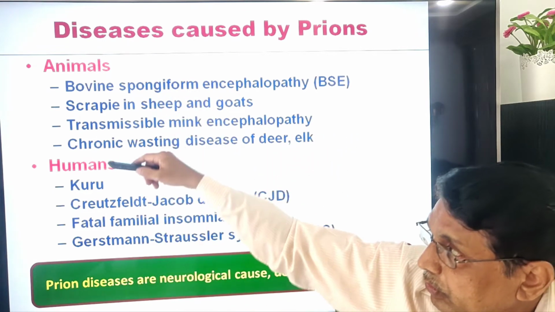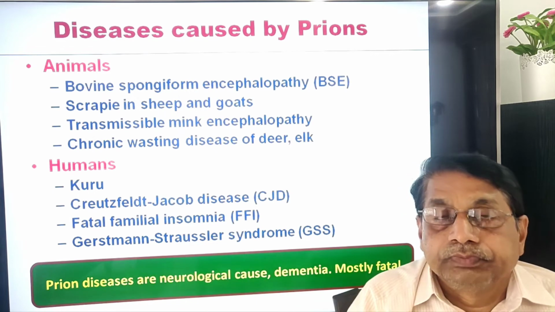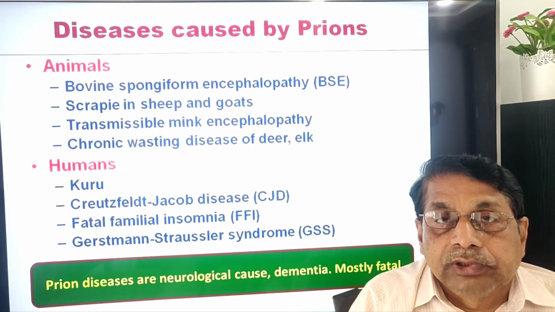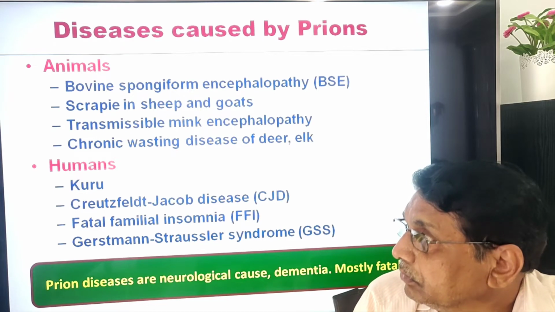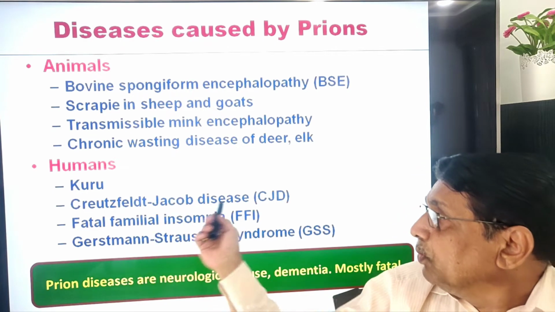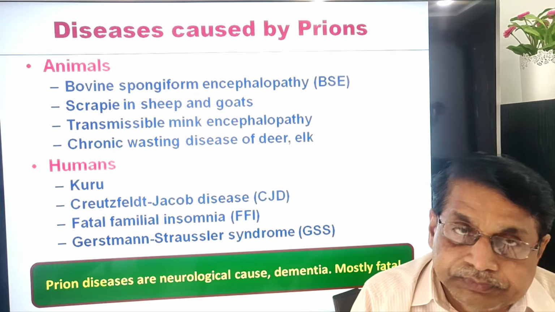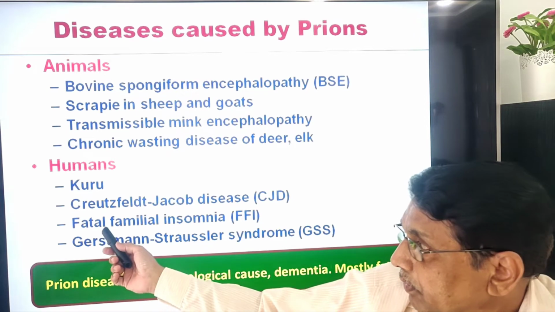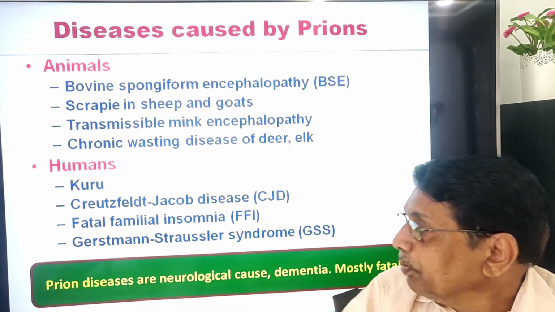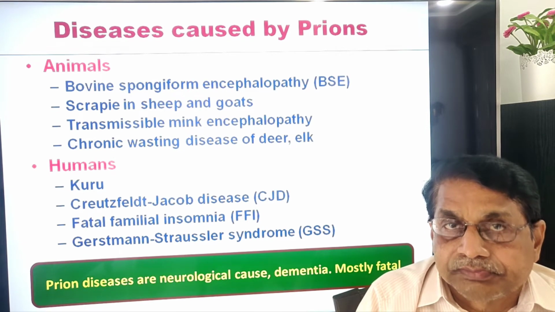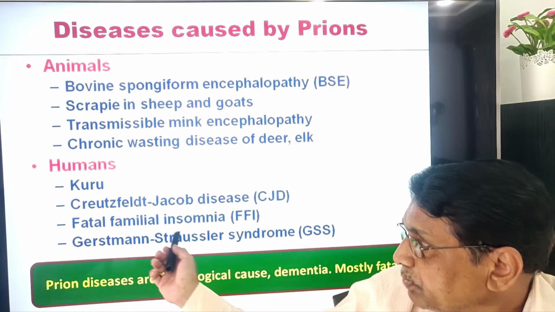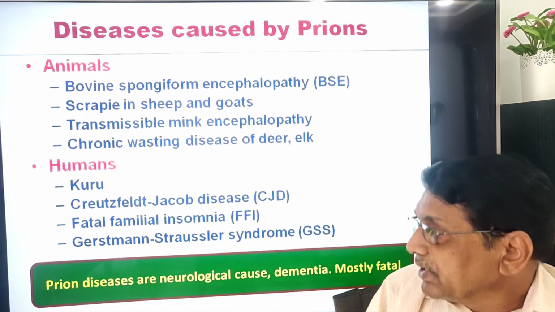In humans: Kuru, a common disease in the Fore tribe of New Guinea. Creutzfeldt-Jakob disease, CJD. Then fatal familial insomnia. Insomnia means sleeplessness. Gerstmann-Straussler syndrome, GSS.